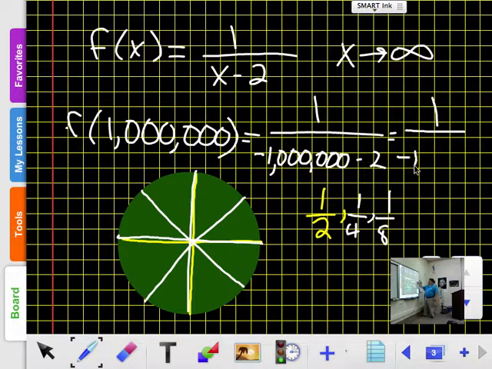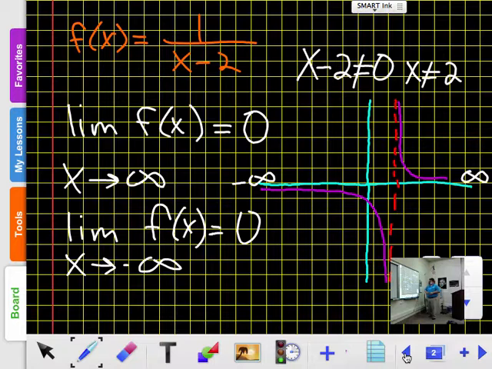So it's like negative 1 million. Still very small slices in the negative direction. Does that make sense? Which is why when we look at the graph, we have negative, negative, negative, and it'll stay negative and get really, really close to 0. But over here we have positive, positive, positive, and it'll stay positive.